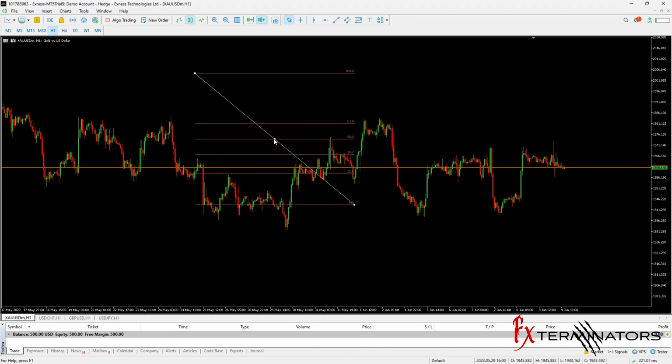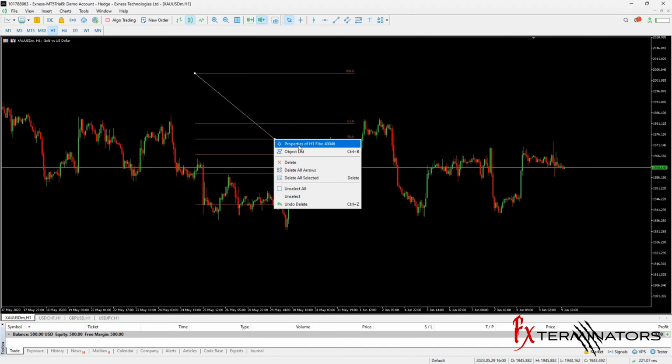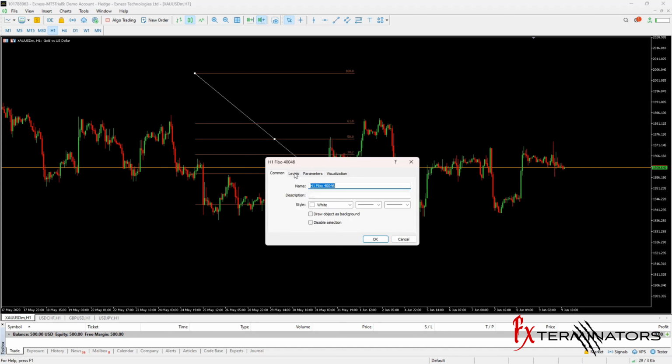Let's go to the properties, then to the levels. These are the default levels that come with the Fibonacci. The only thing I changed there was the color. Yours is going to come in yellow, but I've given mine this color because it's my own preference.